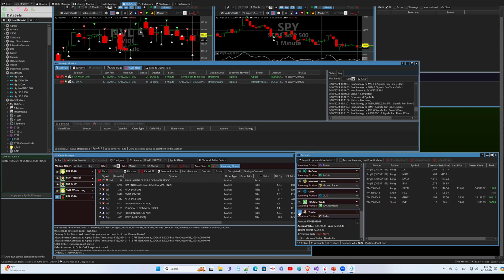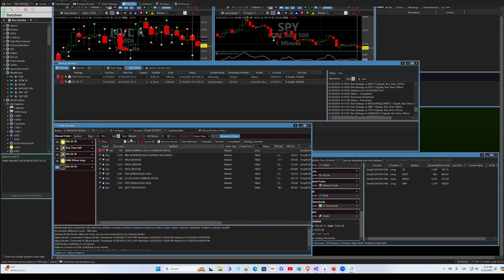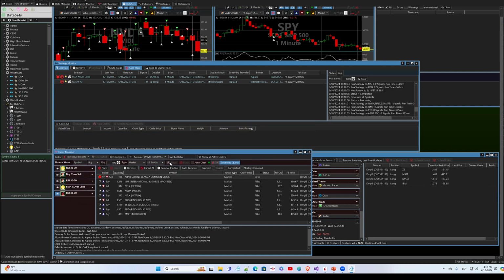I can turn off Tradio there. These are the positions that are available to sell at IB, and I tried to sell Airbnb and it wasn't there. I did have some positions in this account when I started, but you can see that we shouldn't have traded Airbnb earlier. So that's perfectly fine.